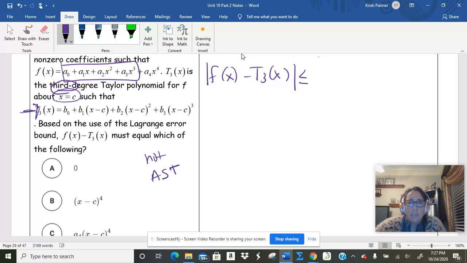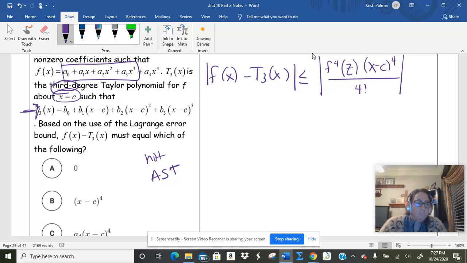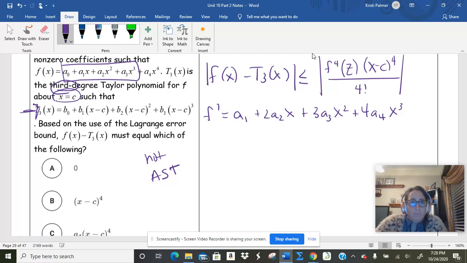So if it's not an alternating series test, then I'm going to have to go to the next derivative's max times that x minus c to the 4th, right, the next power, over the next factorial. So if this is my f right here, then we need to go find all the way until the 4th derivative. So let's get the first derivative. Plus 3a to the third x squared plus 4a to the fourth x to the third.